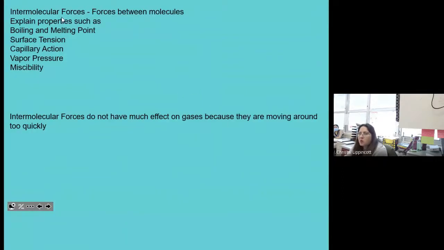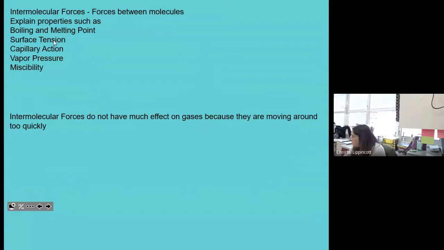All right, so intermolecular forces can explain boiling point and melting point. The boiling point and melting point are determined by the substance's IMFs. The weaker the IMFs, the lower the boiling point and the lower the melting point. Those are the determining factors in those points. Surface tension.